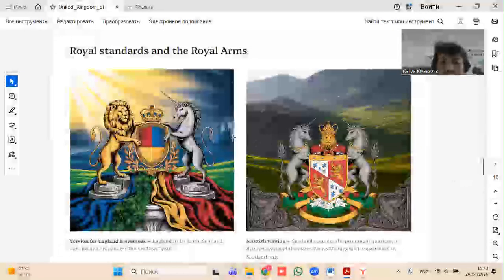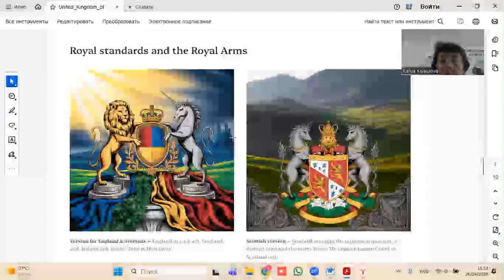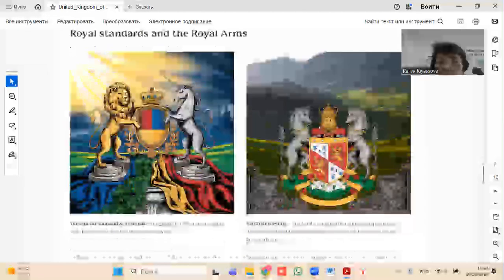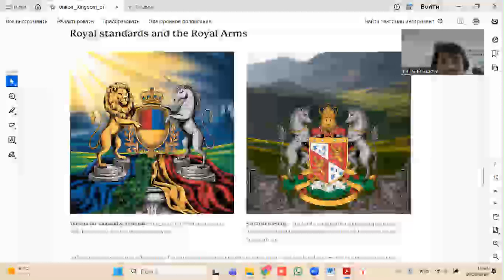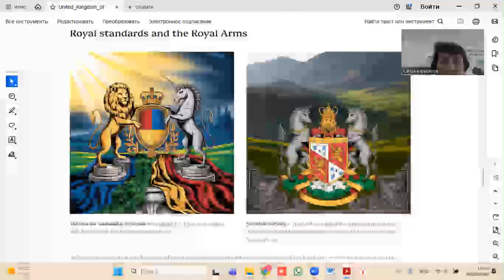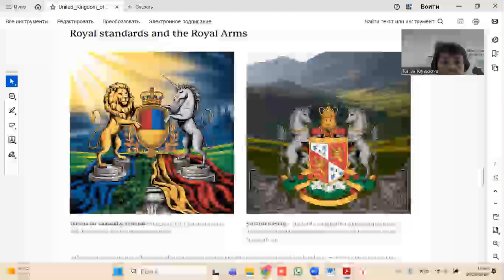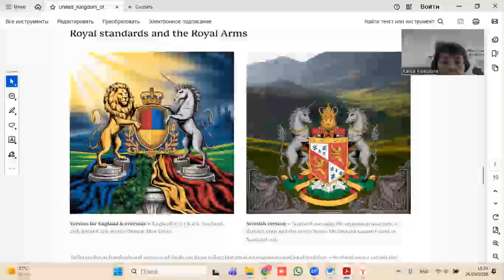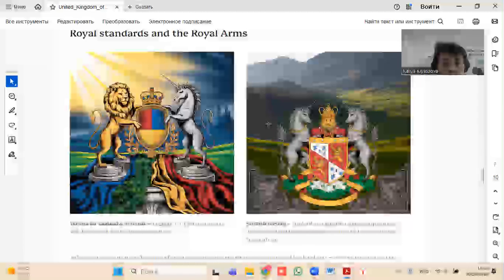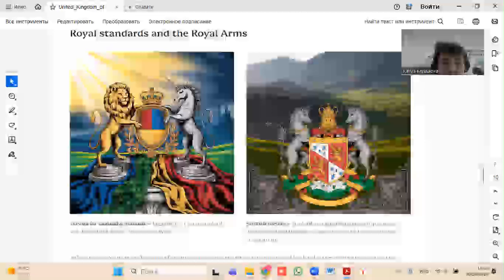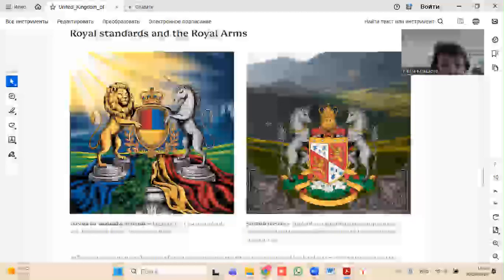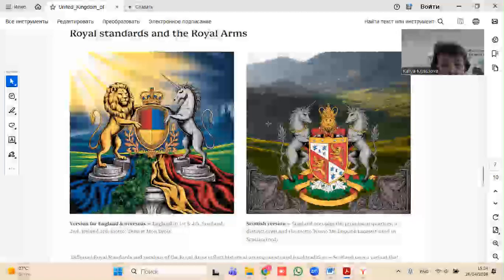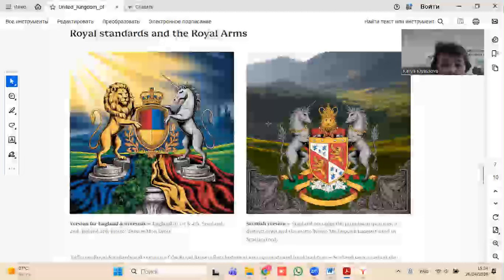Now, royal standards and the royal arms. As you see, here are two pictures that symbolize the royal standard, the first picture, and the royal arms. The version for England and overseas has England in the first and fourth quarters, Scotland second, Ireland third.